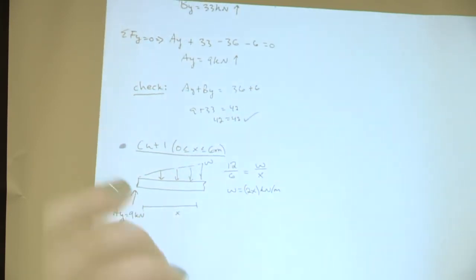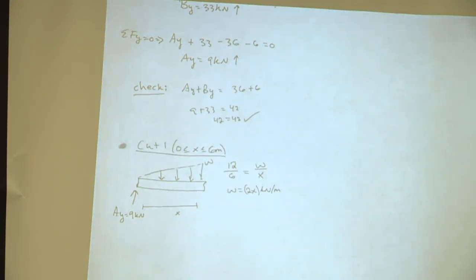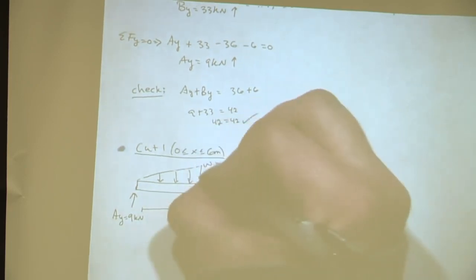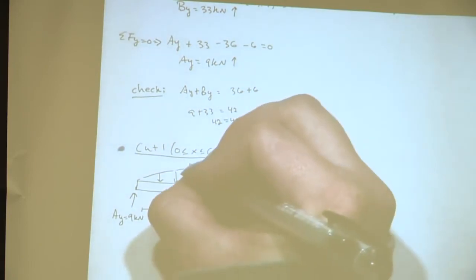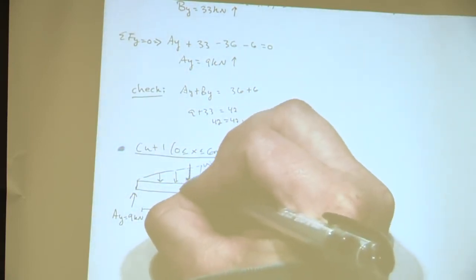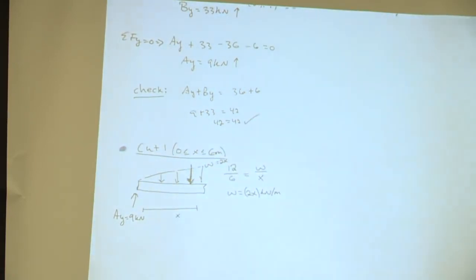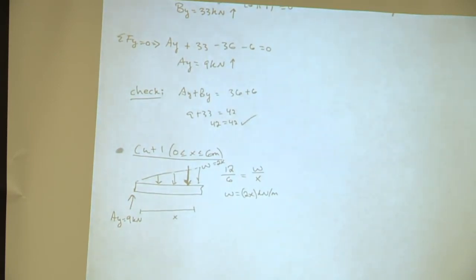So then what do we do now? We're going to write w equals 2x. How do we find this force right here? 2x times x. Now what type of distributed load is this?